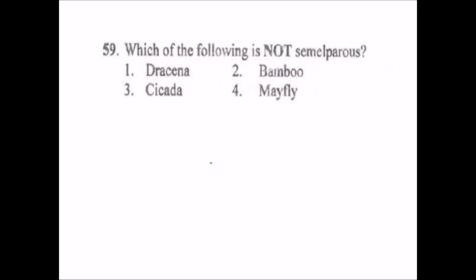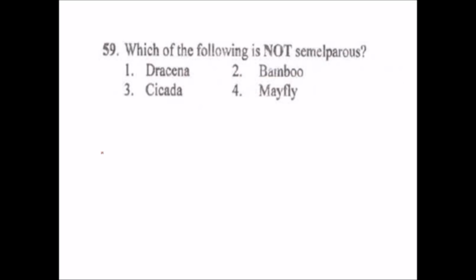Next question is, which of the following is not semelparous? So it's actually a reproductive strategy. There are two types of reproductive strategy. One is semelparity and another is iteroparity. A species is considered semelparous if it is characterized by a single reproductive episode before death, and having multiple episodes is termed iteroparity.